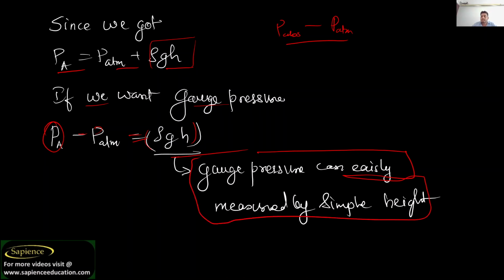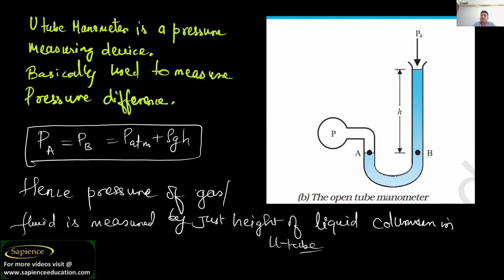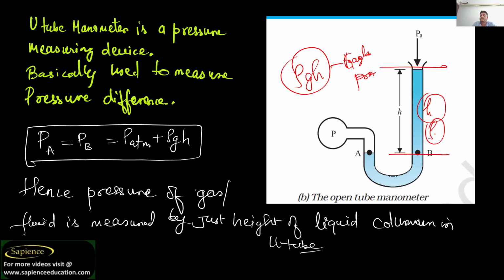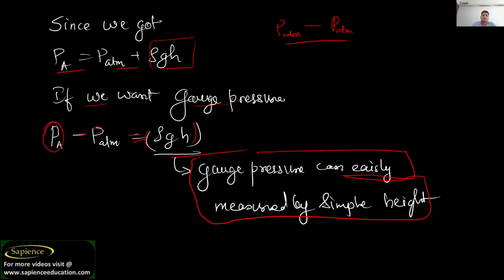So if you are using a manometer, then just by using the height, rho gh, you can say that this is your gauge pressure, not absolute pressure. In a U-tube manometer, if you have a height h and a liquid density rho, you just find the pressure as rho g into h, and this pressure is known as gauge pressure, because gauge pressure is the difference between actual pressure and atmospheric pressure.